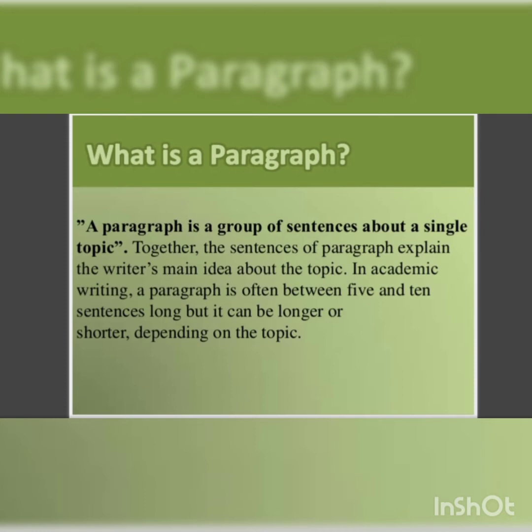We write different sentences about the same topic itself. Together, the sentences of a paragraph explain the writer's main idea about the topic. In academic writing, a paragraph is often between 5 and 10 sentences long, but it can be longer or shorter depending on the topic and the marks.